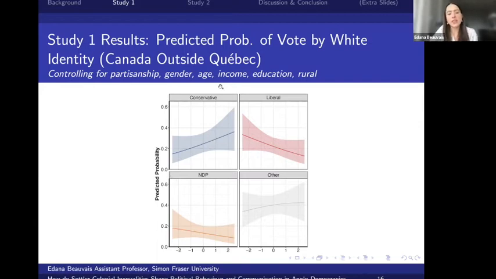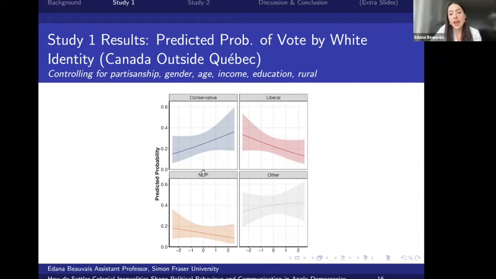So this is showing us the probability of voting for a given party by the distribution of white identity. Let's look at, for instance, the probability of voting conservative in this first panel here. If we look at 0, so that's the average white identity for a Canadian in my sample, there's about a 0.25 or 25% predicted probability of voting conservative for a person who scores average levels of white identity, controlling for these typical confounders.